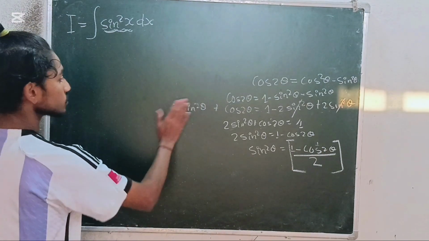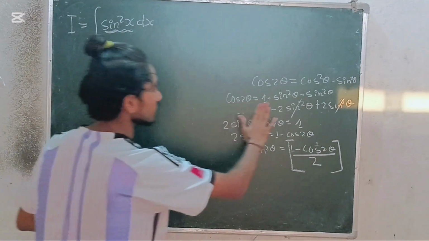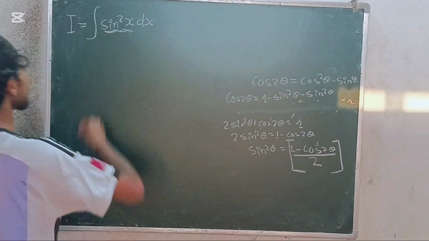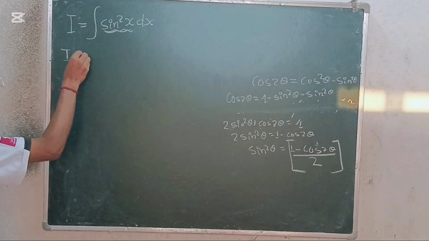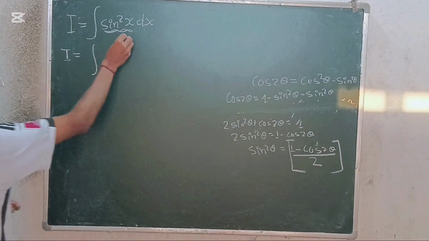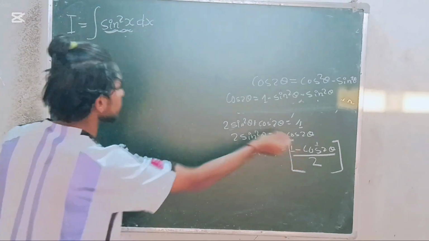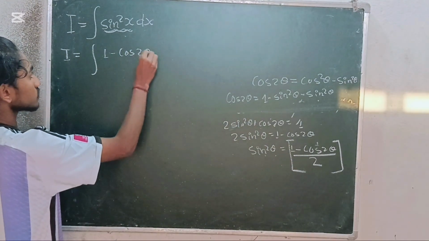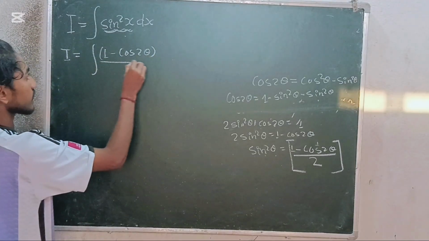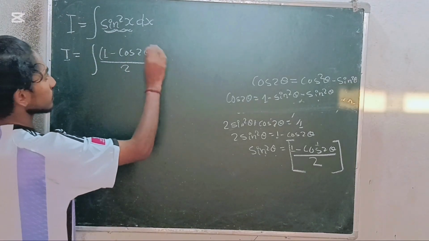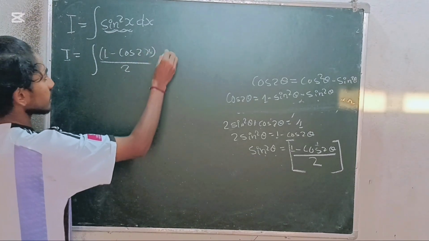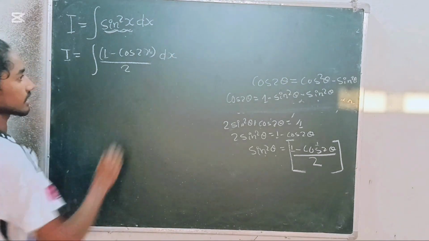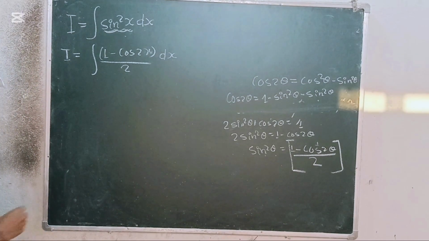What I'm going to do now is write my integral. It is sine squared x, which is 1 minus cosine of 2x divided by 2, with respect to x. Okay, so it makes sense.